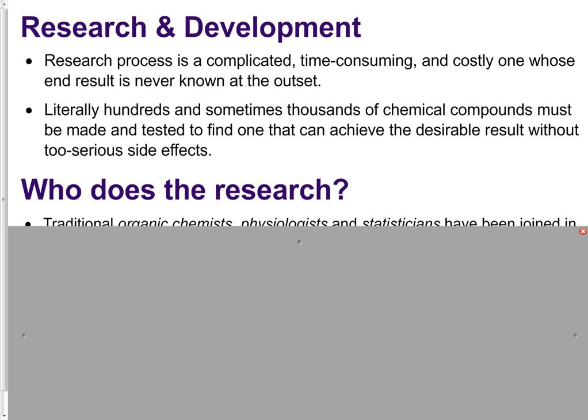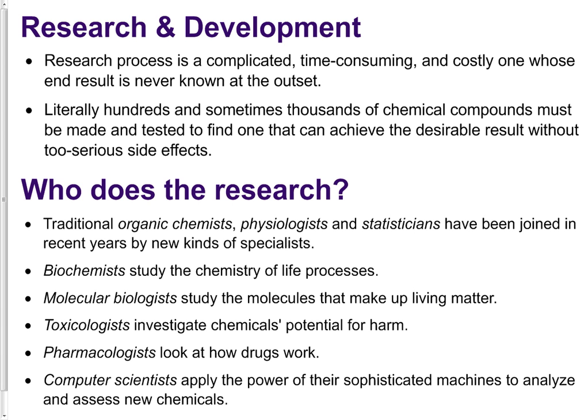Now, there's a lot of time, energy, and most importantly, money that goes into the research process. I did not expect you to write out a lot of this, but this part of the outline is actually asked sometimes by IB exams, so it is important to understand this. Research is very complicated, it's extremely time consuming, and oftentimes when you start, you really don't know what your results are going to be when you're done.